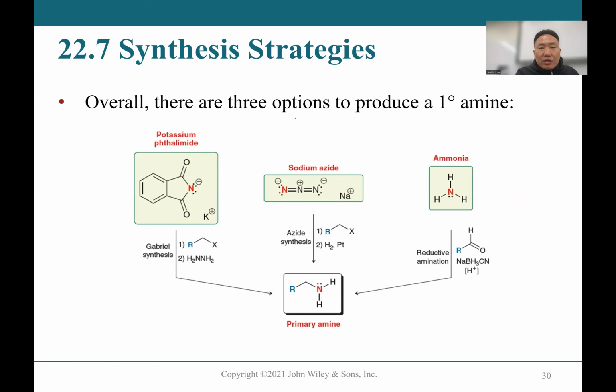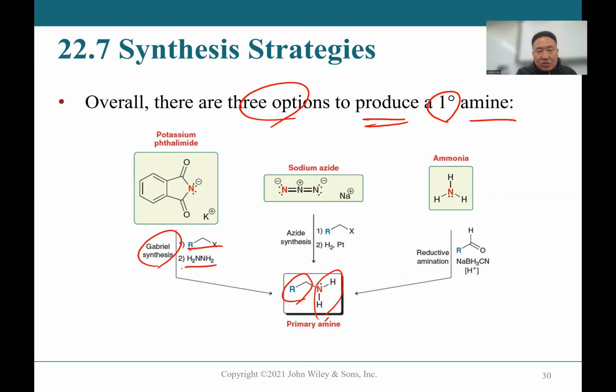Overall, there are three options to produce primary amines. You can use Gabriel synthesis, with alkyl halide and hydrazine, and you can use azide synthesis, sodium azide and then a reducing reagent.